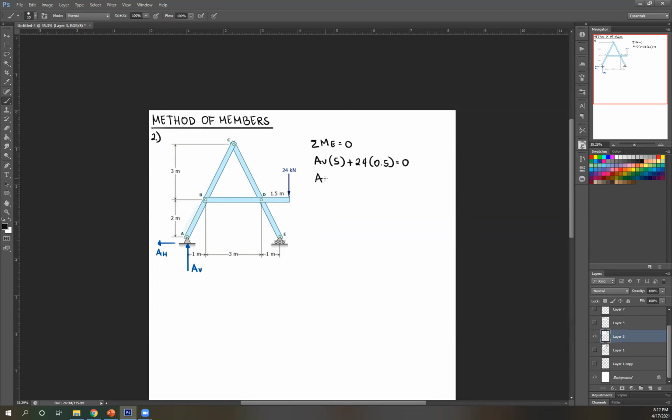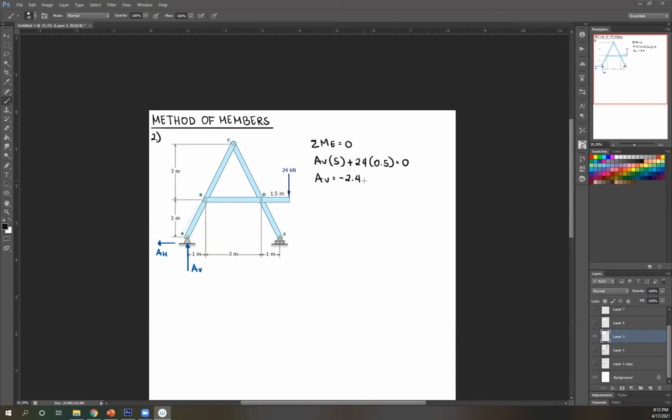Okay, so solving for AV, we're going to get negative 2.4. So once again, whenever you get a negative answer, you have two choices. Method 1, you keep the negative and keep the direction, making sure you're following this direction whenever you're solving, but you use the negative sign when you're substituting the value. Or method 2, you correct your mistake.